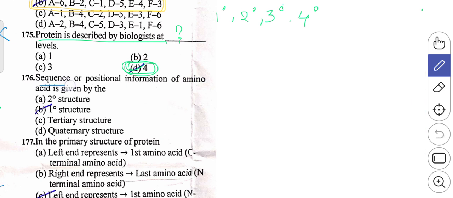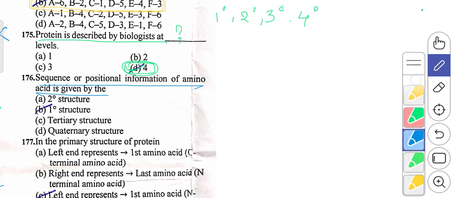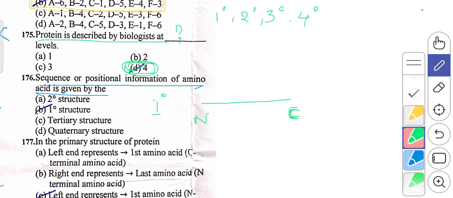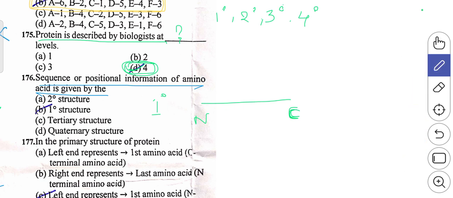Next one, the sequence or positional information of amino acid will be studied mainly in the primary structure, as one end will be considered as the N terminal, and the other end will be considered as the C terminal. So this can tell the positional information of an amino acid. Due to that, the sequence or positional information of amino acid is given by the primary structure.